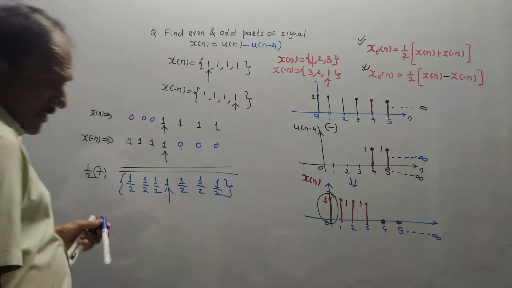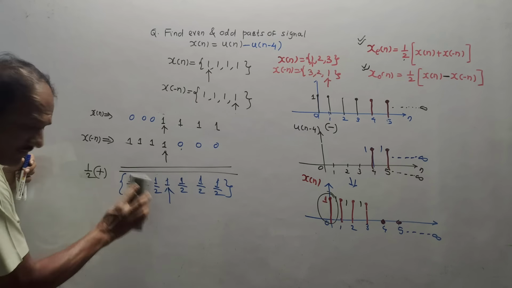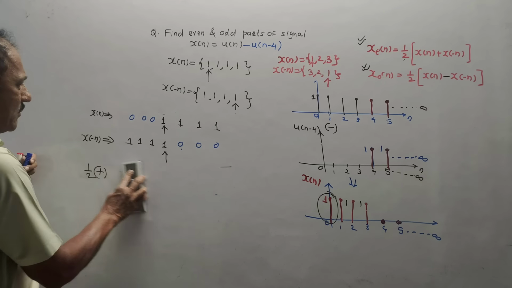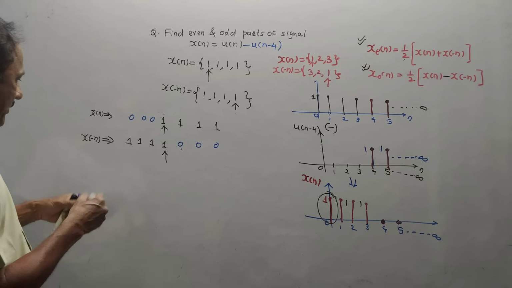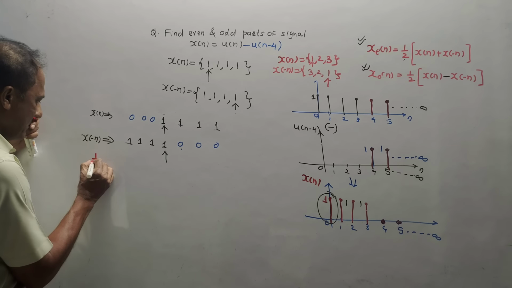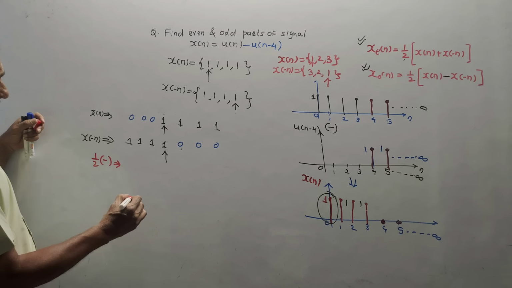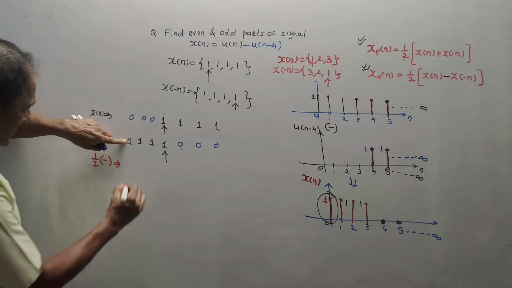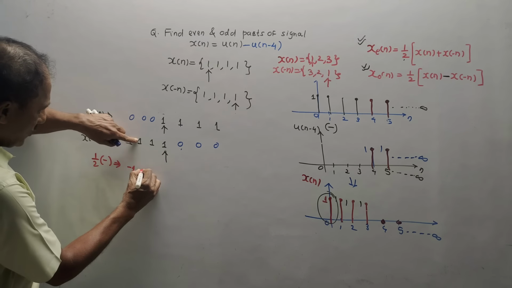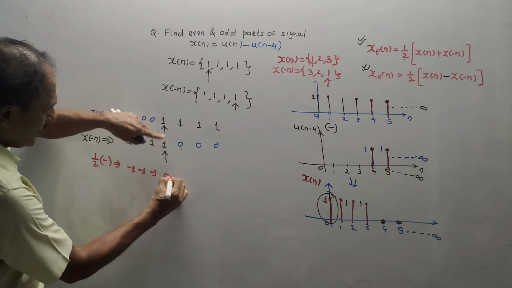Now, same way, I want to calculate the odd part. This was the even part; I will remove it. For the odd part, instead of addition, I need to perform subtraction. So it is 1/2 and then subtraction. I have to subtract the second signal from the first one. 0 minus 1, you will get minus 1. This is 0 minus 1, minus 1. 0 minus 1, minus 1. 1 minus 1, 0.